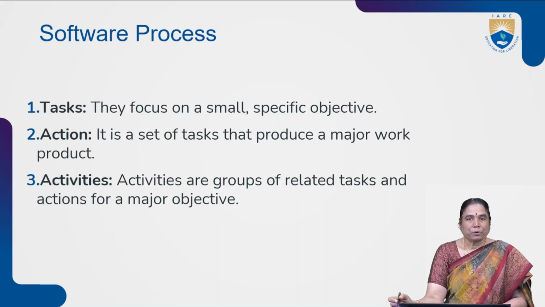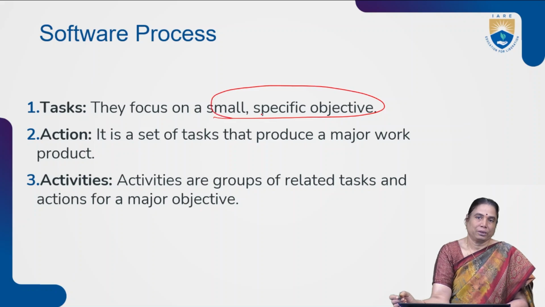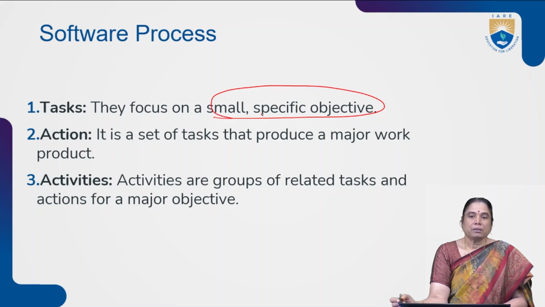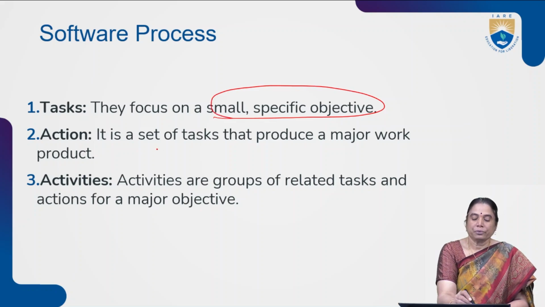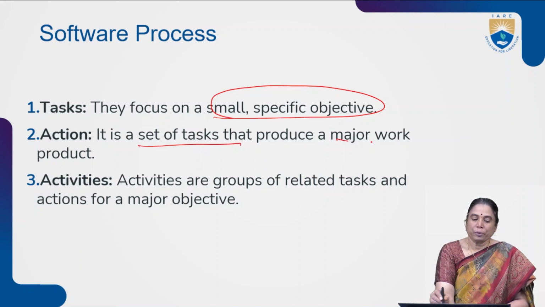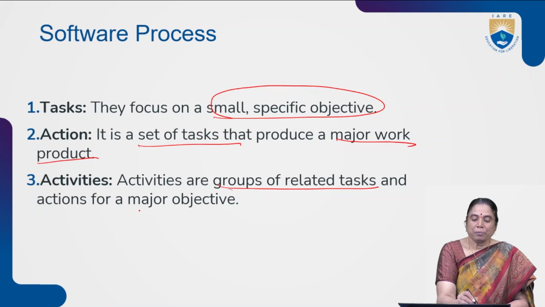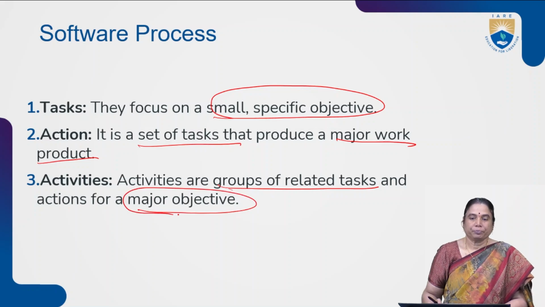A software process generally consists of tasks which focus on a small and specific objective. Actions are a set of tasks that produce a major work product. Activities are the group of related tasks and actions for a major objective.